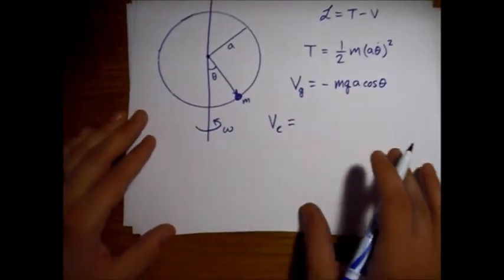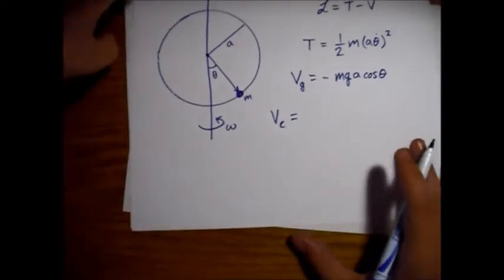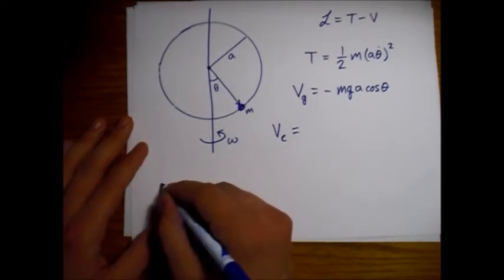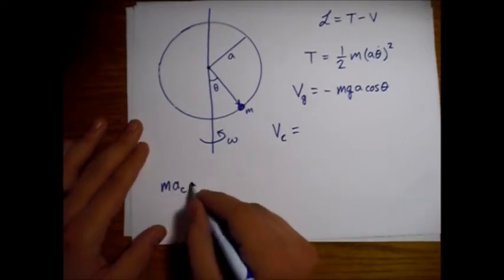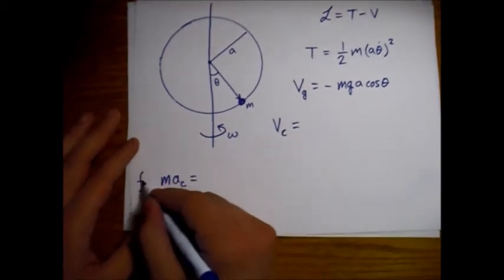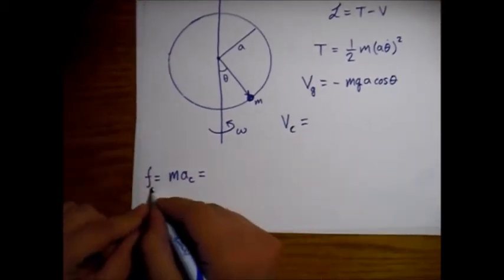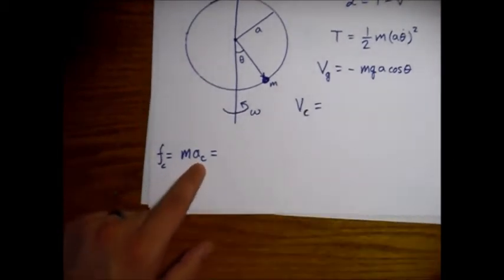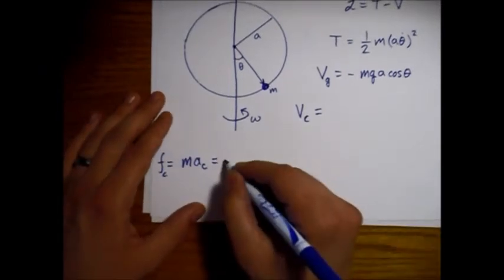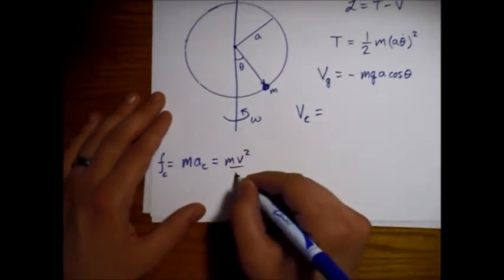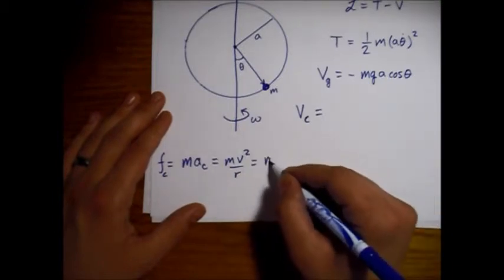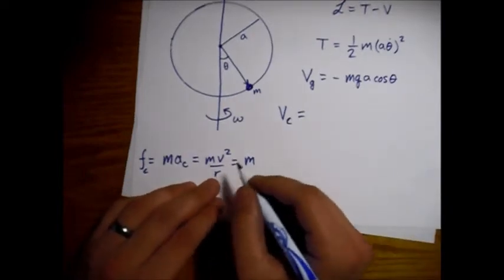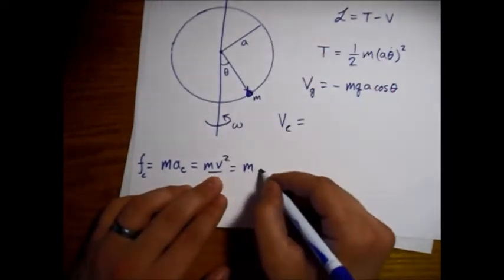So the force that's making it go in a circle is going to be equal to its mass multiplied by the acceleration for a point going in a circle, which is v squared over r.